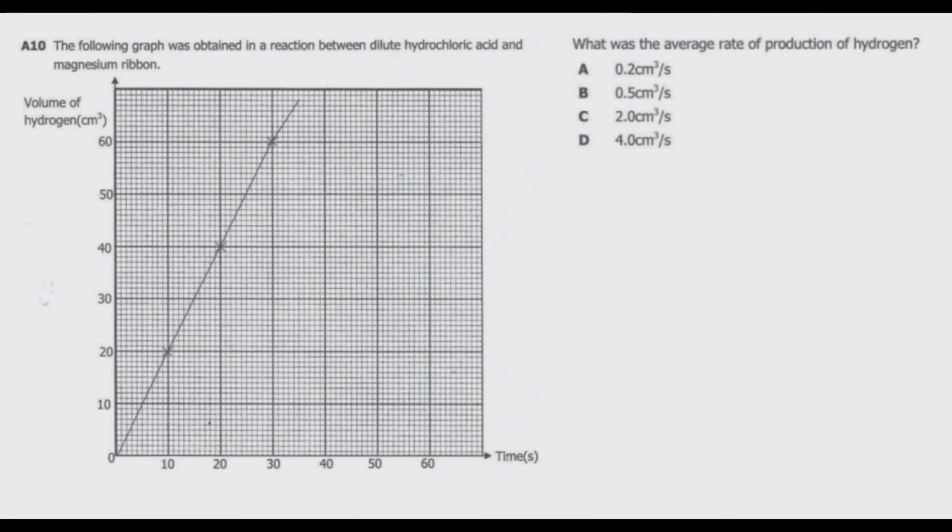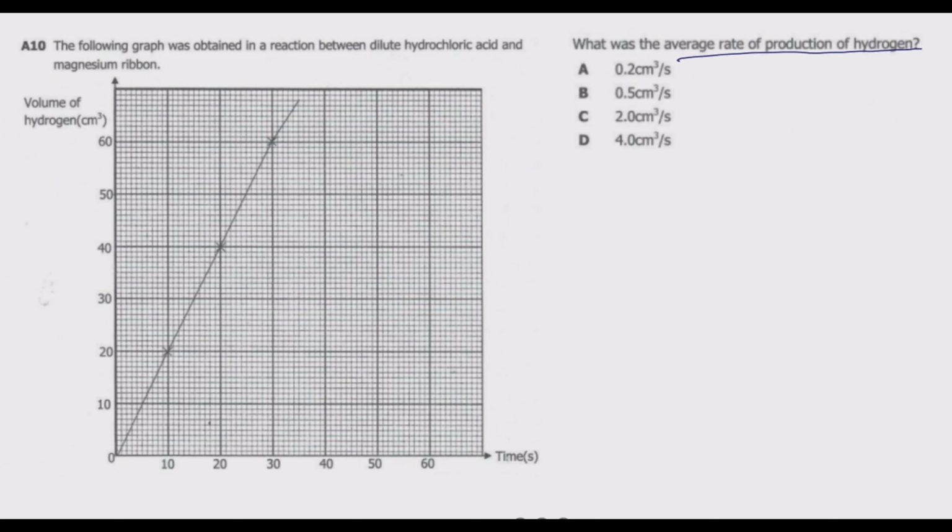Let us look at question 10. The following graph was obtained in a reaction between dilute hydrochloric acid and magnesium ribbon. What was the average rate of production of hydrogen? The question requires us to find the average rate of production.